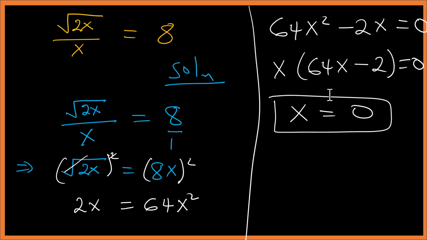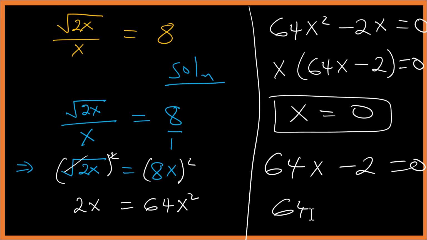And then the other one will be 64x minus 2 equals 0. That will make this side 64x equals 2.